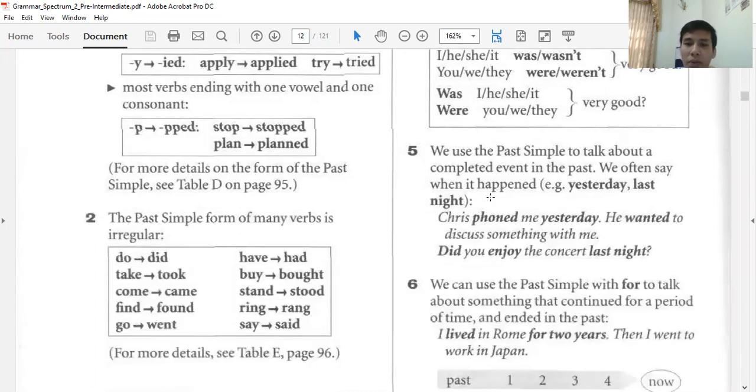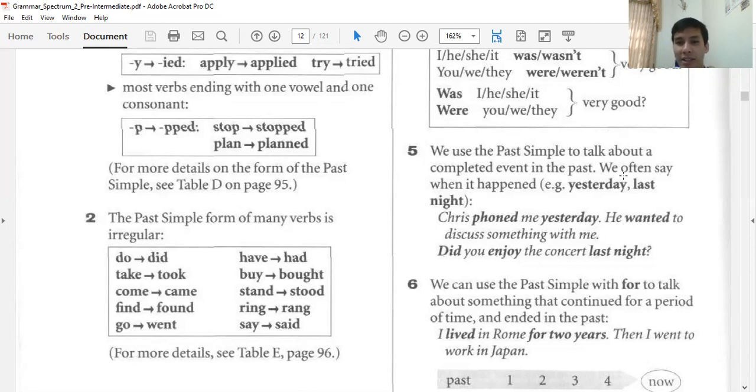And then we move to the usage, how we use past simple. So in number 5, we use the past simple to talk about a completed event in the past. That means something happened in the past and then it already finished and is complete. So you have to understand this.